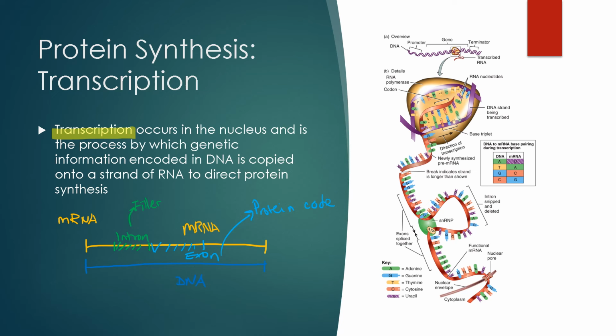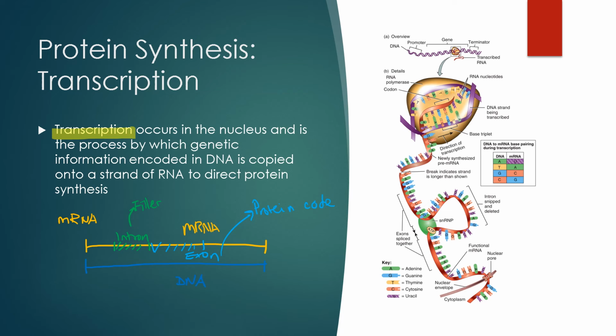They could do something else or have another function, but we don't think that they code for any type of protein. There are very specific enzymes that will cut the introns out of the mRNA, so that we're just left with the functional protein-coding code, the exons.